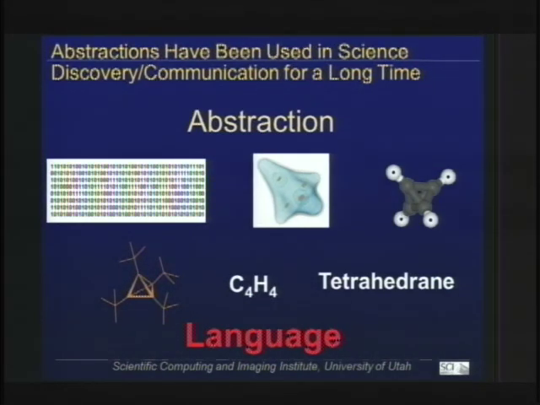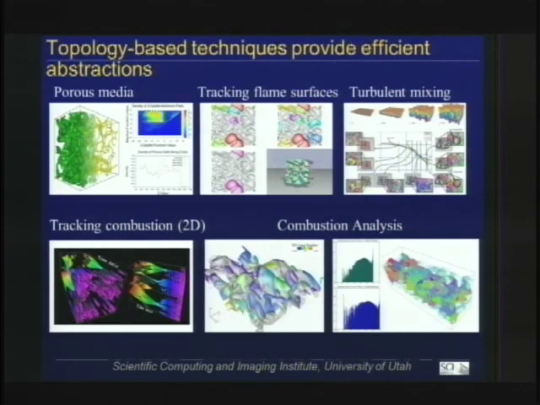For example, by saying tetrahedrane, it evokes a model within our minds that somehow can be represented by a bunch of numbers. But in this search for abstractions, what we really want to do is take scientific data and ask what kind of abstractions are appropriate so that we can communicate in a reasonable manner and do some real science.